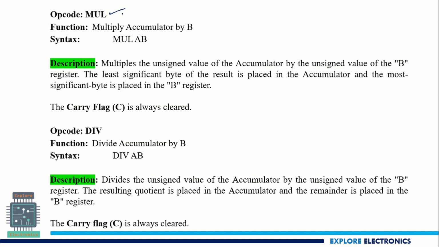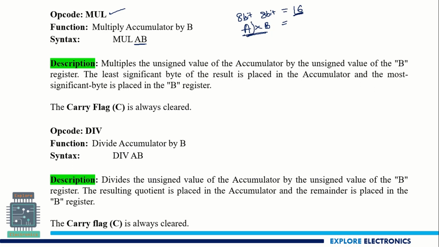Then the multiply instruction, that is MUL AB. This will multiply the content of A with the content of B. B is also an 8-bit register, consisting of an 8-bit value. You know that if you multiply 8-bit by 8-bit, we get 16 bits. So this 16-bit value is going to be the result.